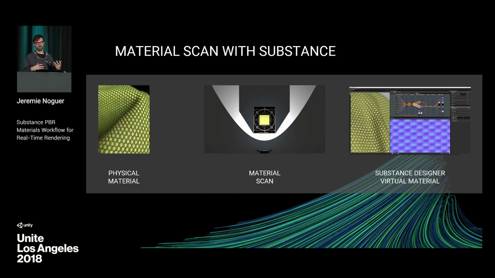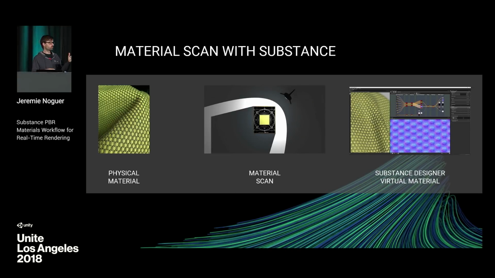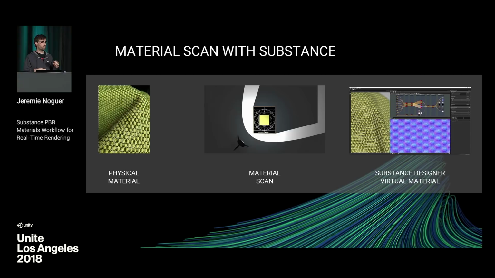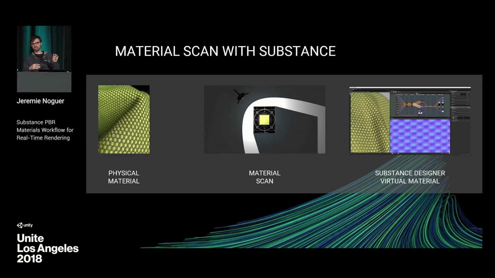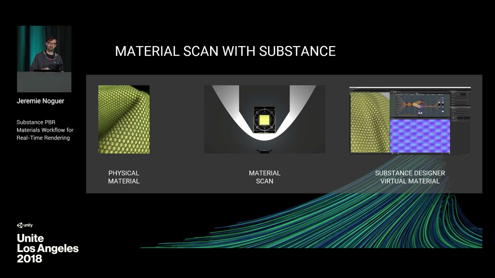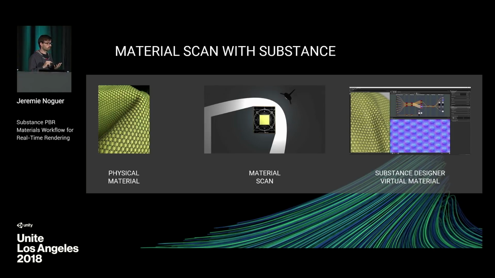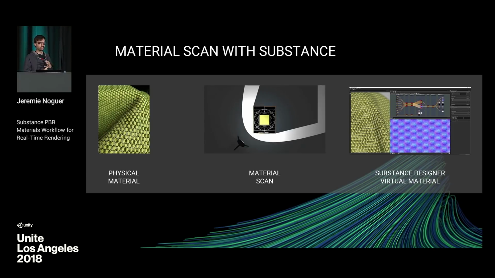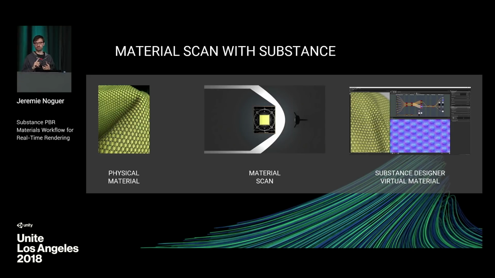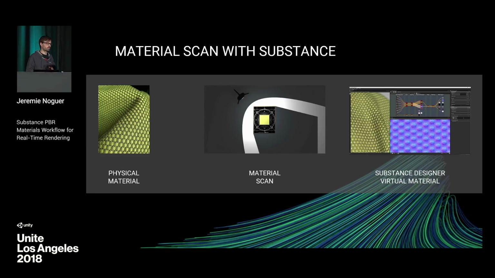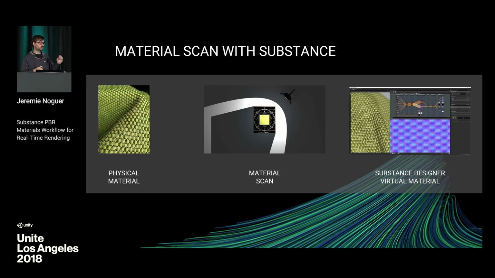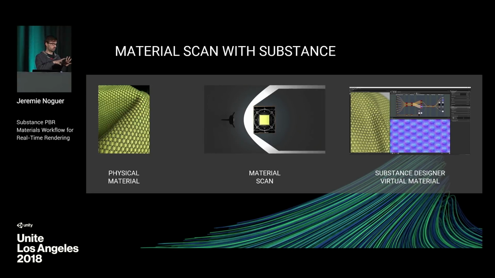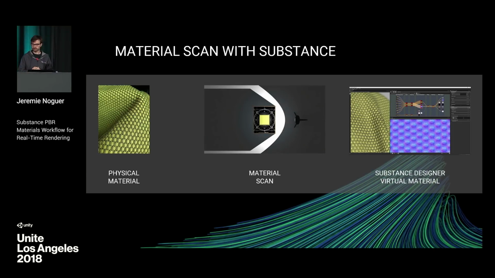And from this, inside of Substance Designer, that's the graph you see on the right here, we can take all this input that you see on the left part of the graph, and process it in several nodes to get rid of the lighting, generate a very precise normal map, make sure that the material is seamless, and remove the effects that may be on the material. If you have some dust or some speckles or some hair that were on the surface, we can also get rid of that.